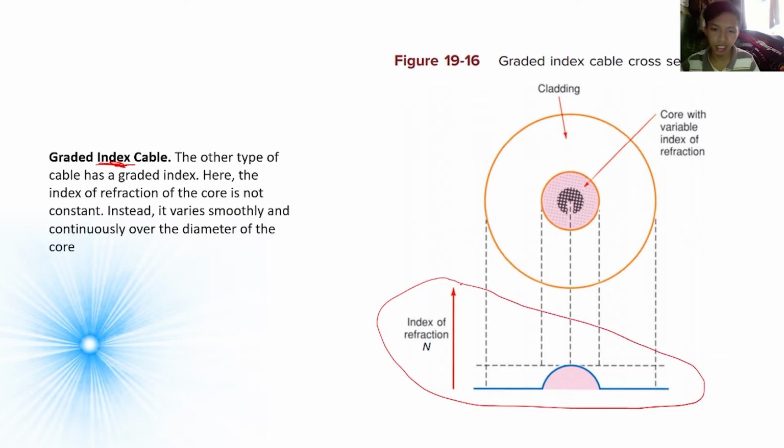As you can see, it's not a step and it's also not steep. It has a smooth transition between the cladding and the core. So that's the graded index cable.